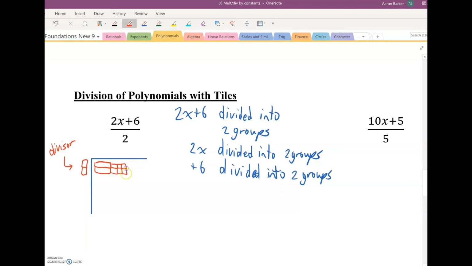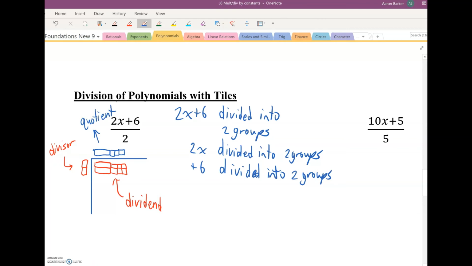So there's two groups of 3, which gives me 6. So this part in here, that's called my dividend. It's the part that's getting divided. And then up top, we have our answer, which is x plus 3. And this part here is the quotient, which is the answer to a division question.